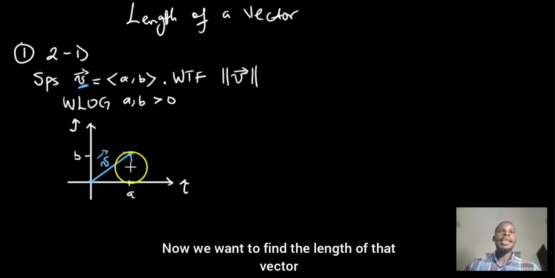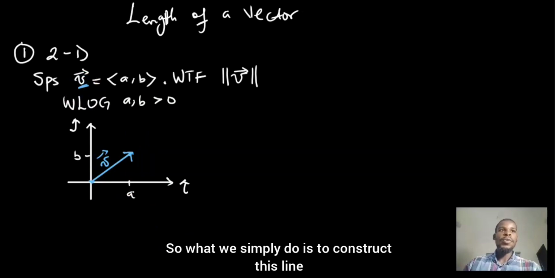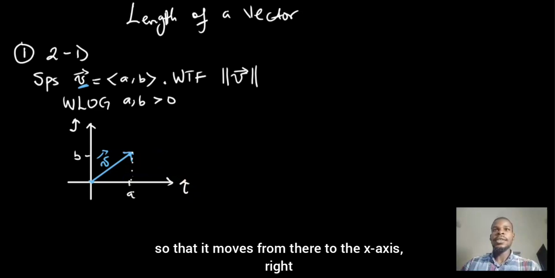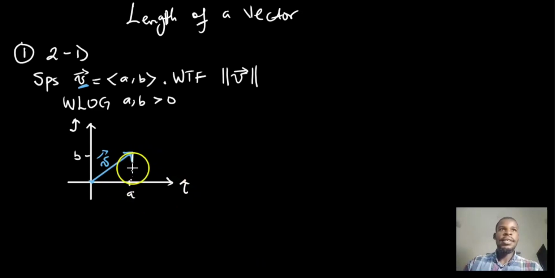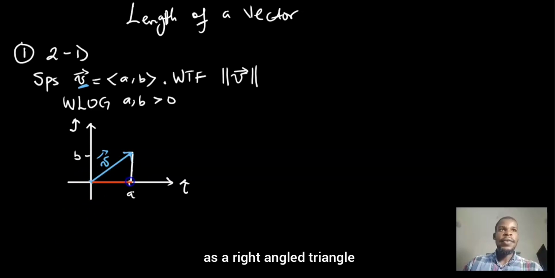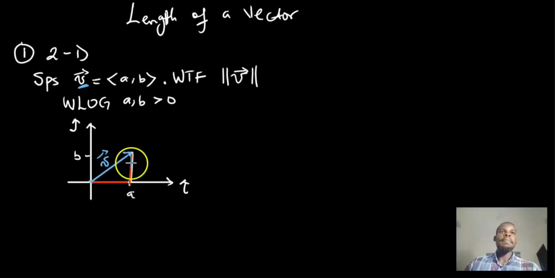Now we want to find the length of that vector. What we simply do is construct this line from there to the x-axis. If we have that kind of line, we can think about this as a right-angled triangle, where we have the other 2 sides and then the hypotenuse.